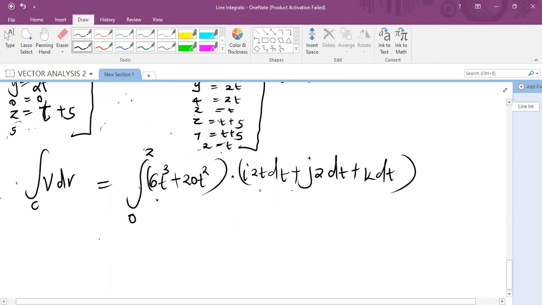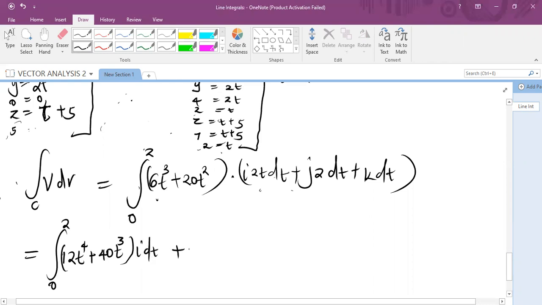So we can multiply this and then integrate. We are having the integral from 0 to 2 of the first term, which, if we multiply by 2t all through, gives us 12t to the power 4 plus 40t to the power 3, all this i dt.